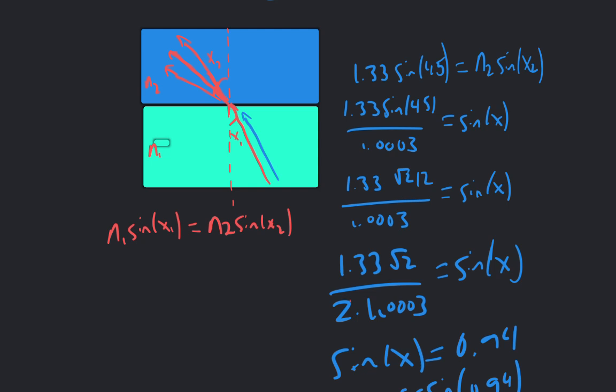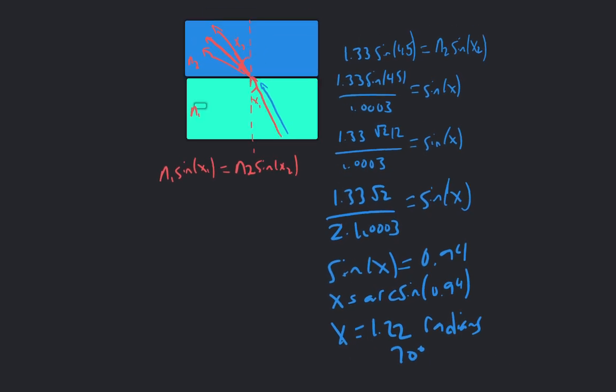But it goes from 45 to 70 degrees because of how the light interacts with the water. The light would, in a way, bend due to how fast it travels through the water.